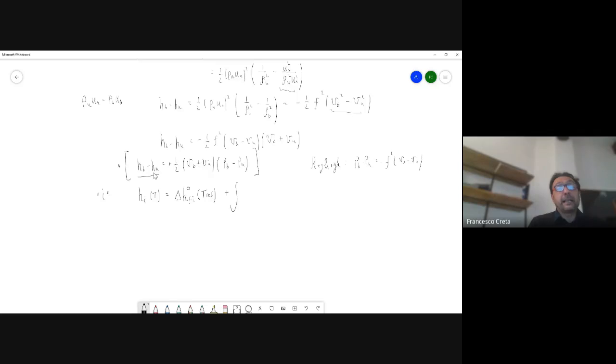Plus a sensible term, which is essentially the integral from the reference temperature to temperature T of the specific heat at constant pressure for the species that we're considering, species i, which is generally a function of temperature, in dT.